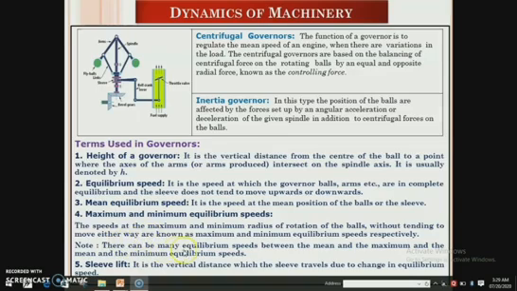There can be many equilibrium speeds between the mean and maximum, and between the mean and minimum equilibrium speeds. Sleeve lift: it is the vertical distance which the sleeve travels due to a change in equilibrium speed. Whatever the movement of this sleeve, that is nothing but the sleeve lift.